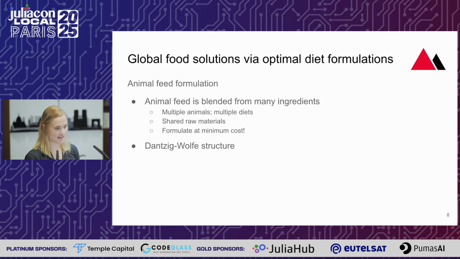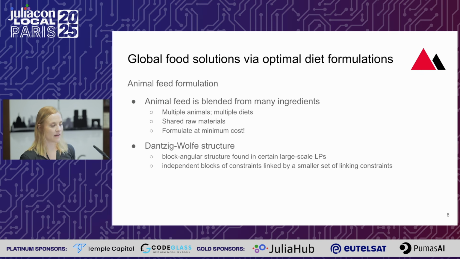And this problem has a Dantzig-Wolfe structure, where the matrix has block angular structure, which is found in certain large-scale LPs, and they are independent blocks of constraints linked by linking constraints in the column or row.